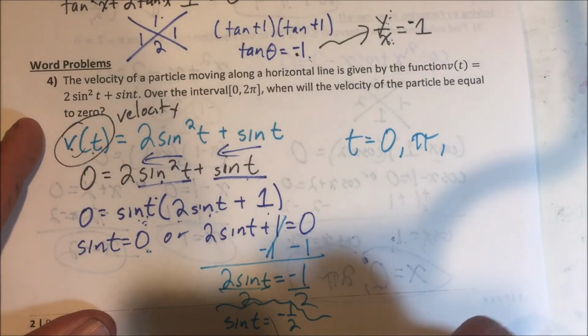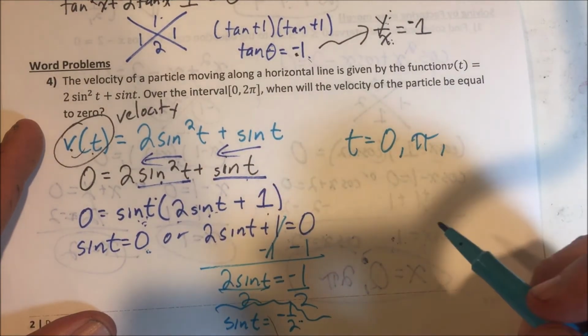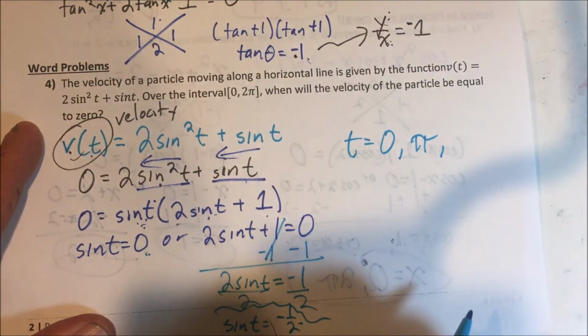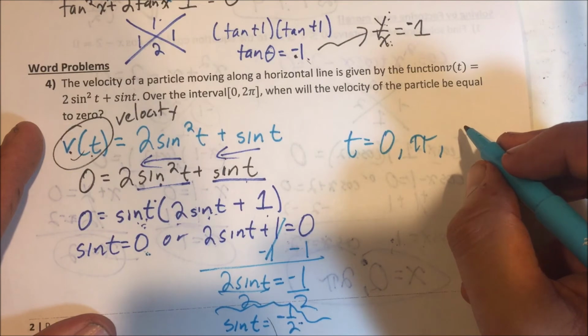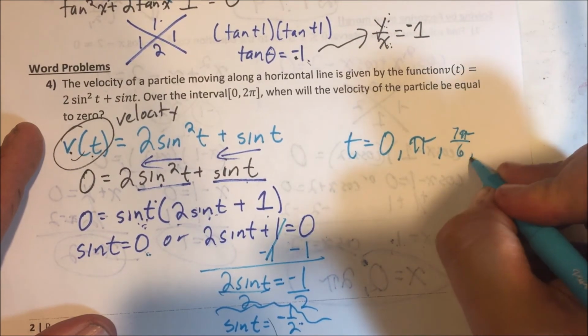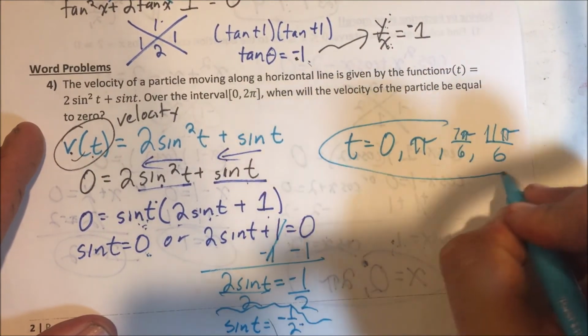But we also have to remember sine of t is negative 1/2. That's not going to happen at pi over 6, because y there is positive 1/2. We want to find the place where it's negative 1/2, which the first place we look across the way should be 7 pi over 6. And then, of course, the other one is 11 pi over 6. And those are our 4 answers.